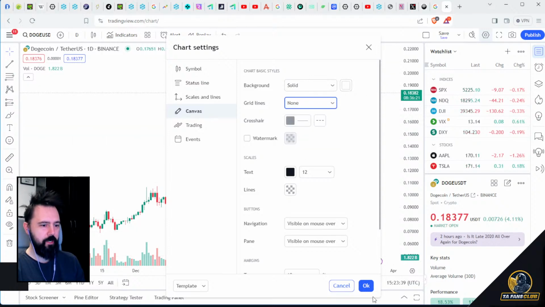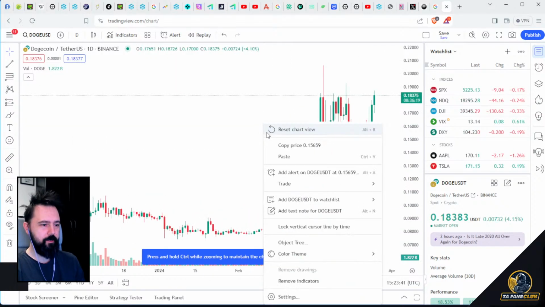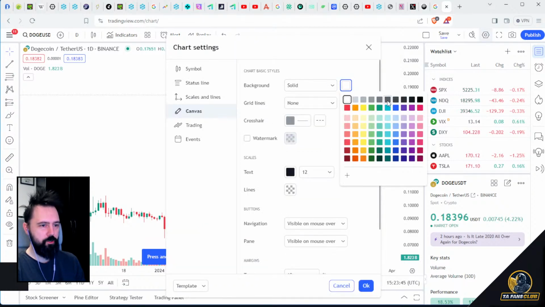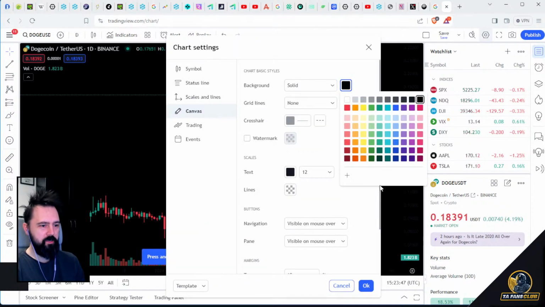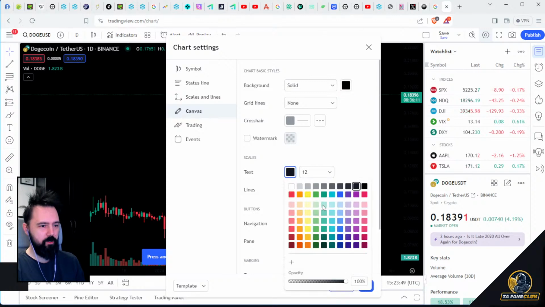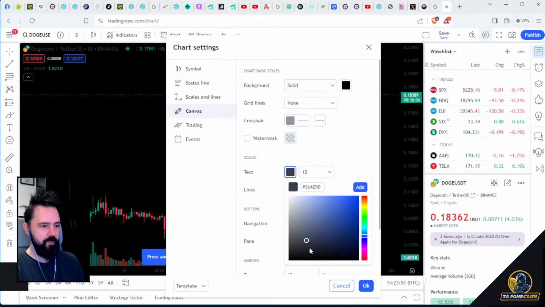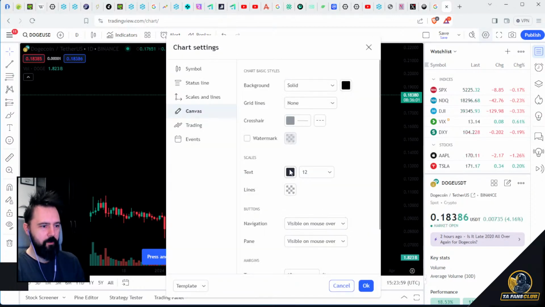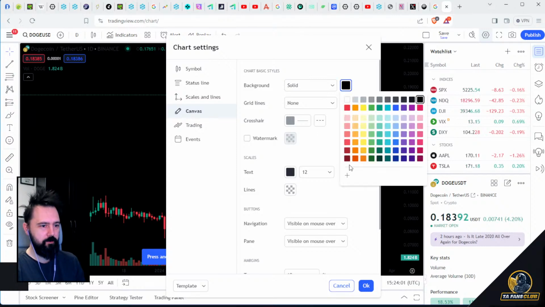None. Okay, that's the first thing. You want to remove that. Then you go to settings and you see a solid background color. So you choose something dark, but not way too dark, because way too dark is not nice. Something like over here. Okay. Now a little bit more. Now this is text here.